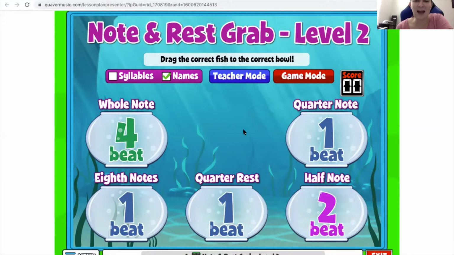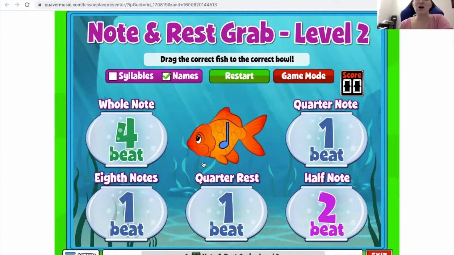What's going to happen is a fish appears. I'm going to click on teacher mode. Here's our first fish, and each fish is going to have a rhythm on it. Your job is to figure out which bowl this fish should go in. This has our closed circle and our line, so that's going to be a quarter note. Oh, here's a new one.